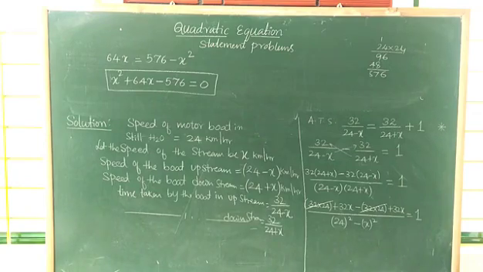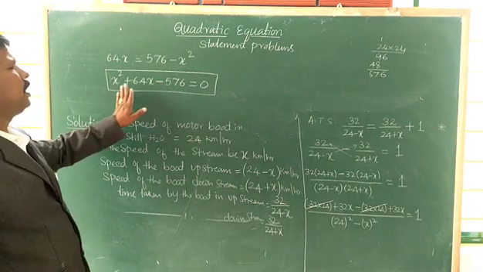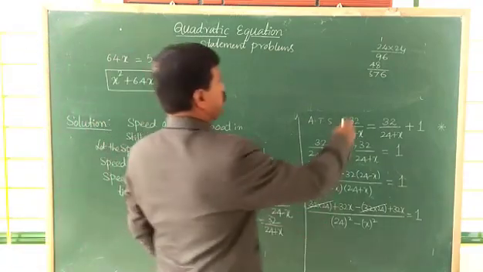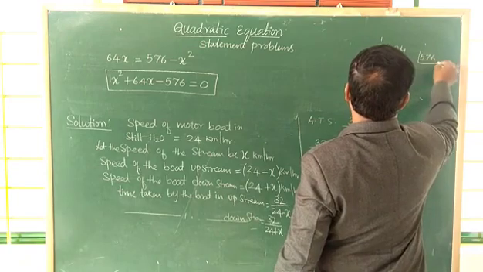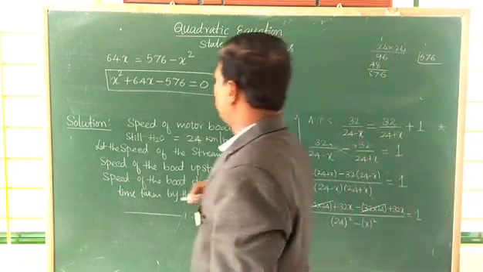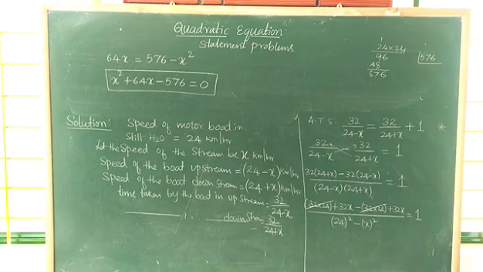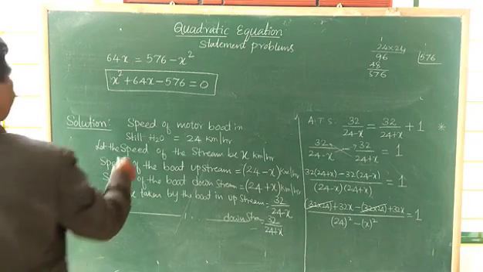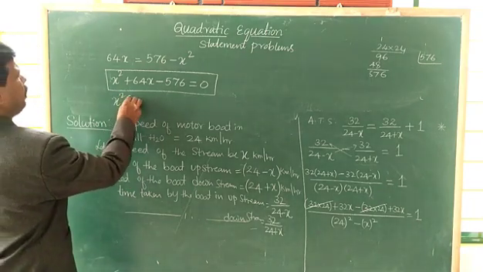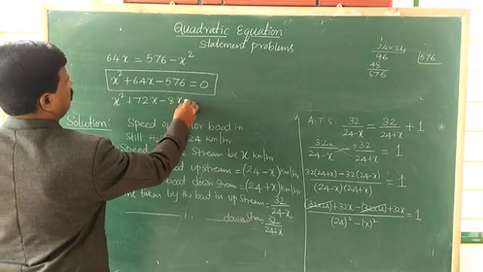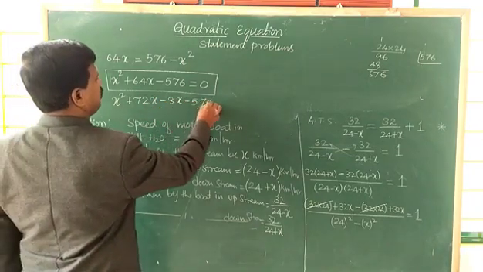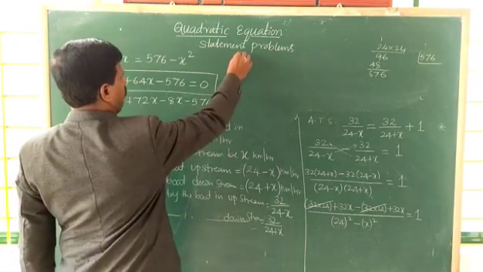Okay. Now, what are the two factors for this? Here minus and plus. You know the factorization method, you go like that. 576, you go on dividing like this. So the two numbers are 72 and 8. x square plus 72x minus 8x minus 576 is equal to 0.